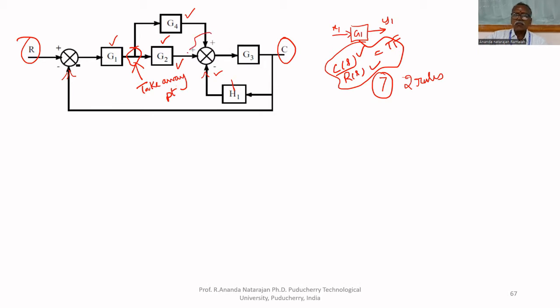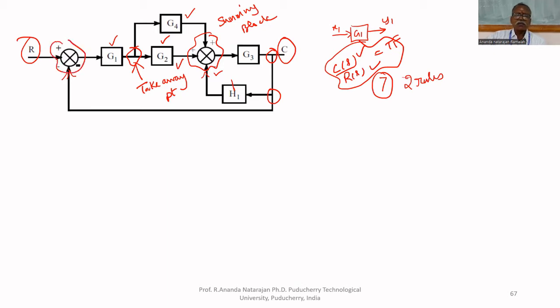Here, this is called a summing block. All the signals, all the outputs are summed together. This is a takeaway point. This is also a takeaway point. Takeaway is a simple connection, but for summing, a summing block is required.